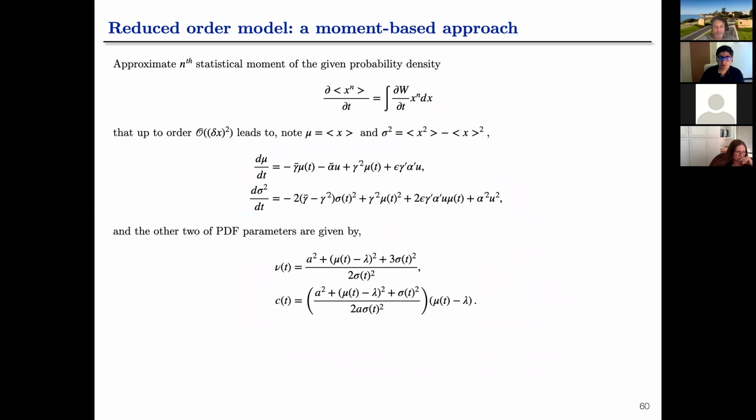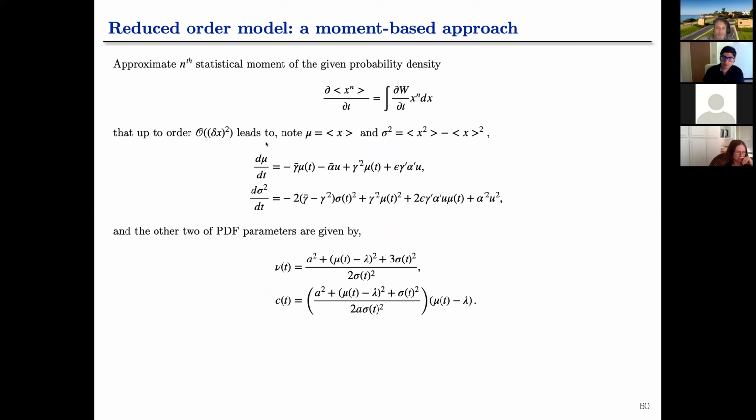So let's go on and do some tricks to actually compute the evolution of statistical moments out of the partial differential equation that I just showed you. We define different statistical moments: the average of x to the power n is the integral of w x to the power n dx, x being polarization and w the particle density, of course.